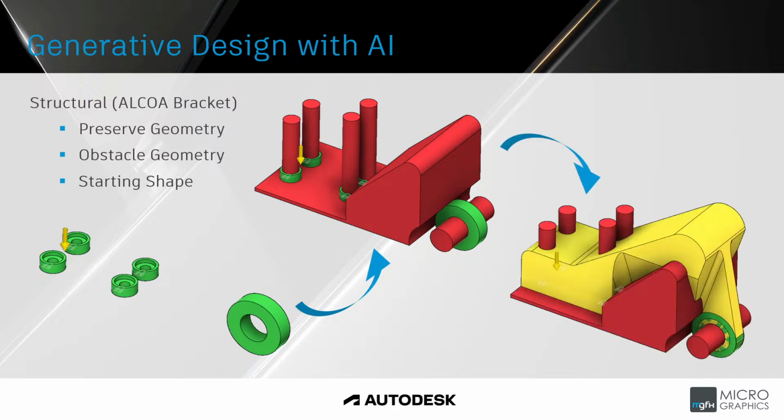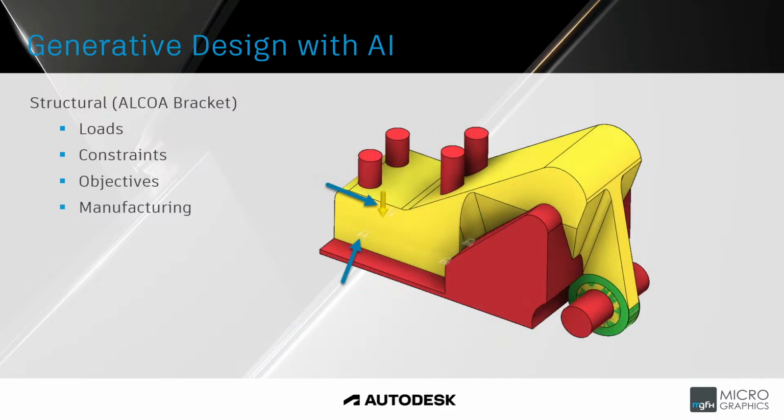Then lastly, we can give it a starting shape. So here we see the yellow representing the design that the engineer came up with and said, okay, that's what I've started with and I want to then optimize that shape. And that is the geometry that you feed into the generative design.